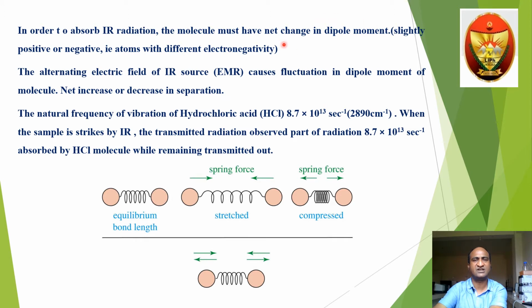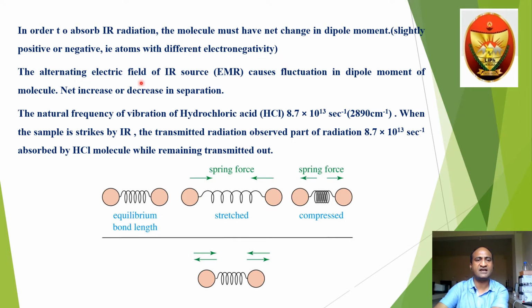There should be a generation of delta plus and delta minus on the atoms of the chemical bond. Only then can that chemical bond absorb the IR. So there should be slightly positive or negative atoms, that is, atoms with different electronegativity.